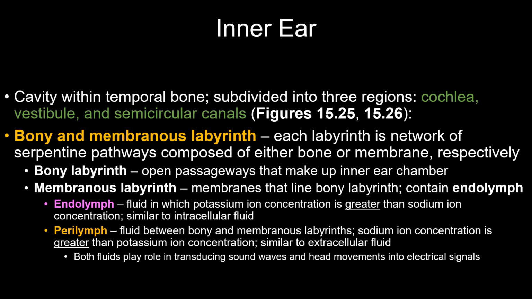Now, the inner ear itself is actually a cavity within the temporal bone, and this is going to be subdivided into three regions. You've got the cochlea, the vestibule, and the semicircular canals. The cochlea is going to basically house the structures involved in hearing, while the vestibule and the semicircular canals house structures that detect head movement and position, or that vestibular sensation.